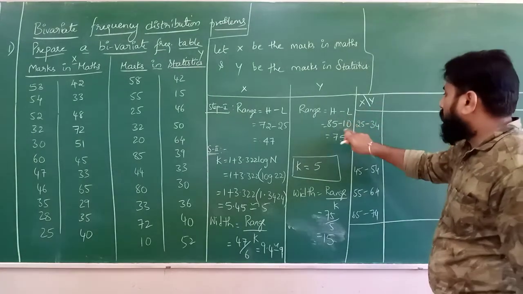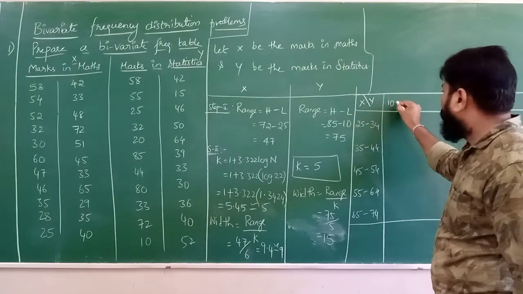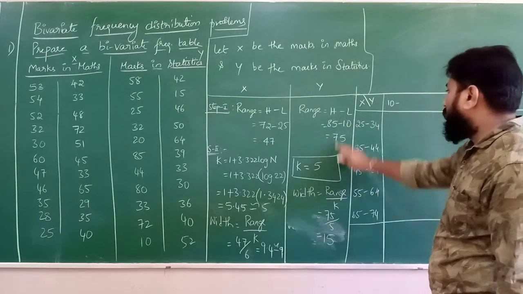Next, the Y variable. Here the least is 10, with class width 15, up to 85.